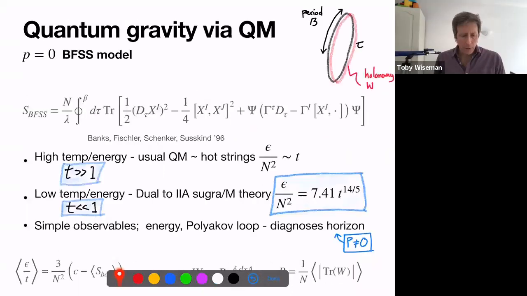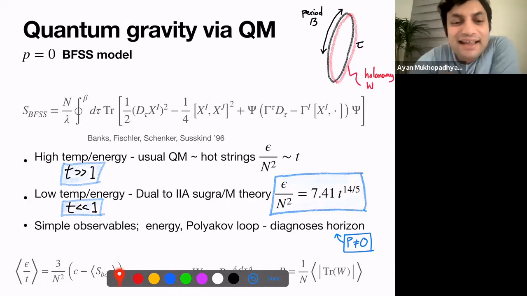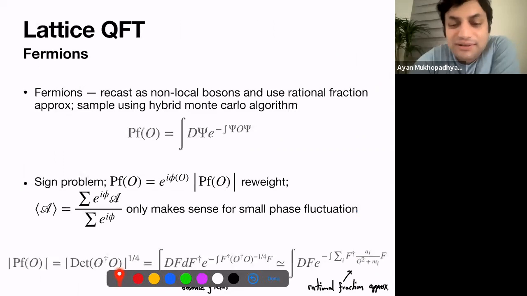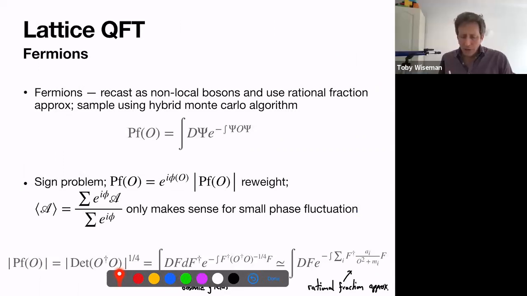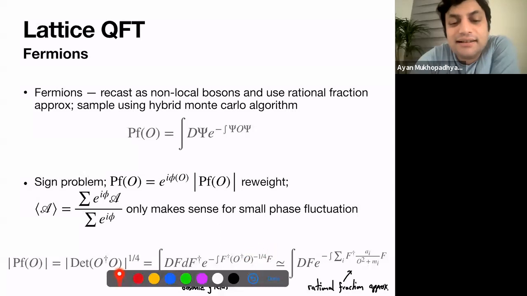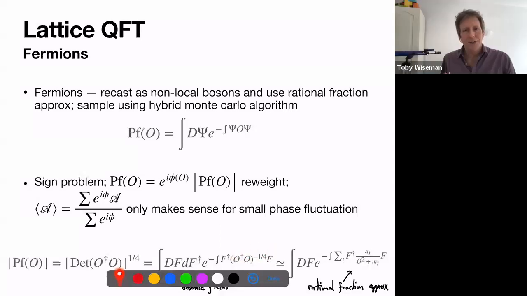Okay, good. Toby, there was something written on the slide which you didn't comment on: this rational fraction approximation. Oh, that was just a technical point about how you deal with these fractional powers. This is the fractional power of some horrible matrix on the lattice, and you deal with it by approximating it using a rational fraction approximation.